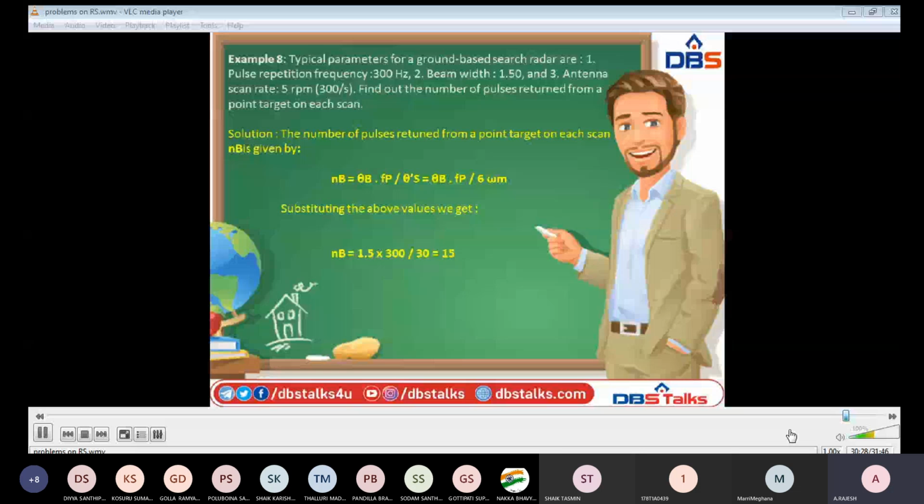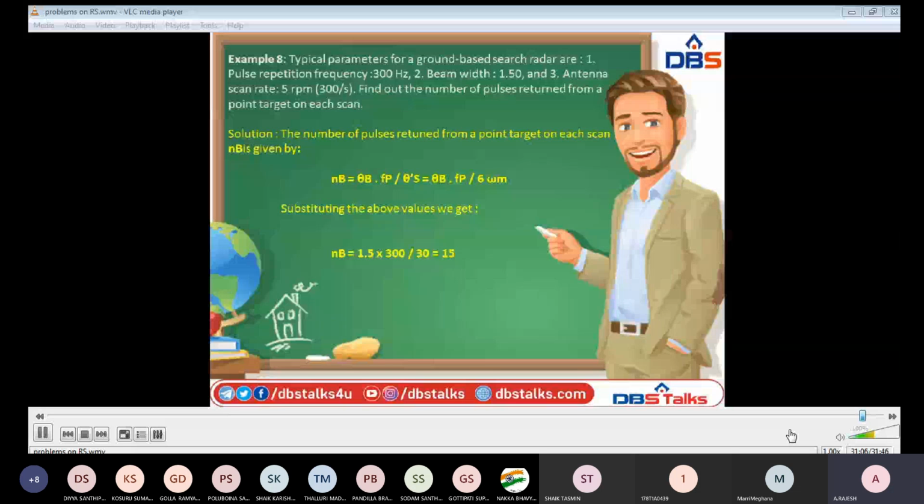We need to find how many pulses are returned from the point target while performing one scan. It can be calculated using NB equals beam width into FP divided by scan rate.